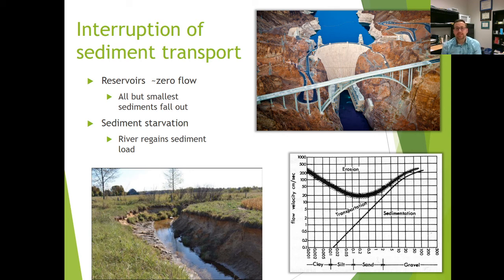So one thing we see is that dams are really good at slowing down flow, right? Think of this reservoir here. This is Hoover Dam, right? This reservoir here has nothing for flow velocity.